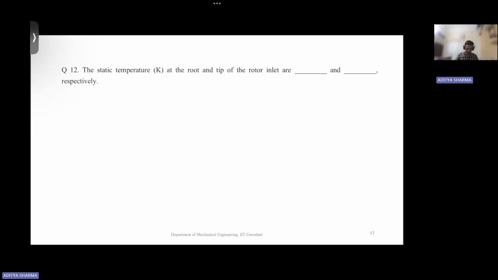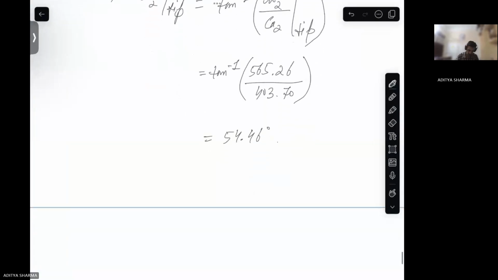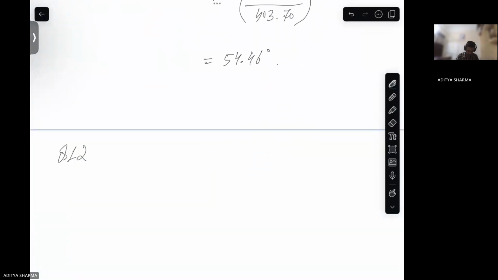Then the last question is the static temperature at the root and tip of the rotor inlet. So for static temperature, T2 is equal to T naught 2 minus C2 square by 2Cp. Here T naught 2 we have.